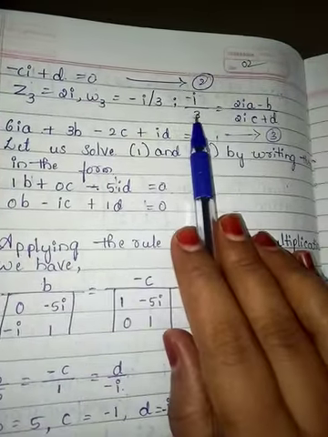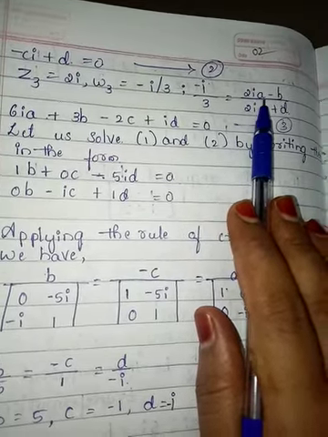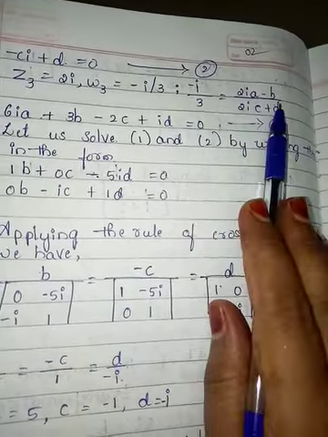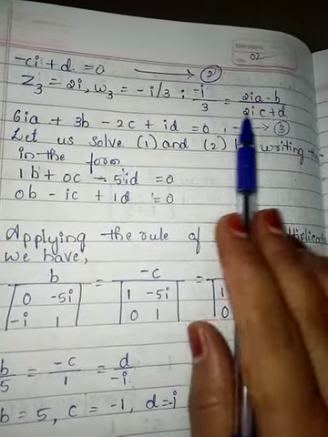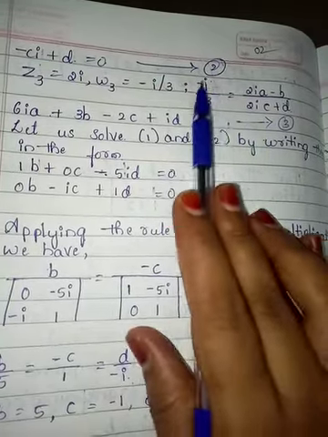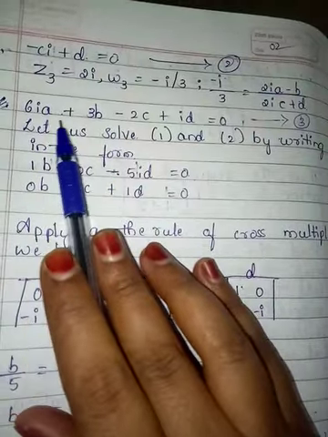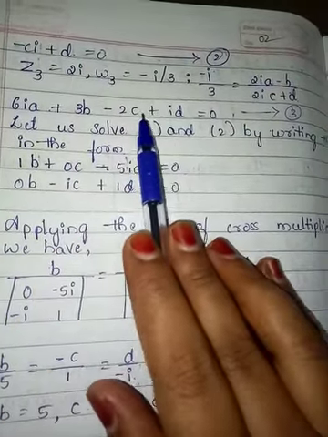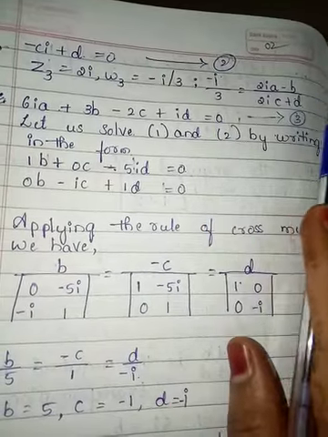We get 3 into 2 is 6, so 6ia, and 3 into b is 3b, and taking these terms on this side we get -2i²c + d. Solving, we get 6ia + 3b - 2c + id = 0. Name this equation 3.